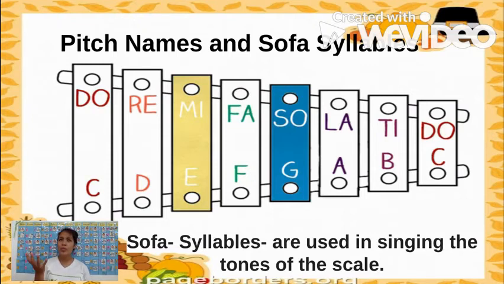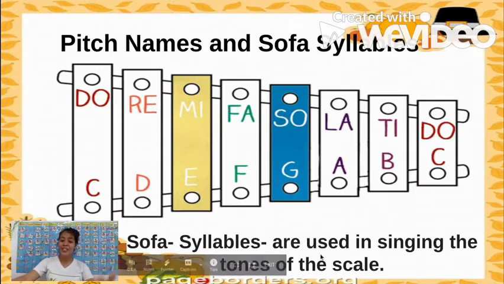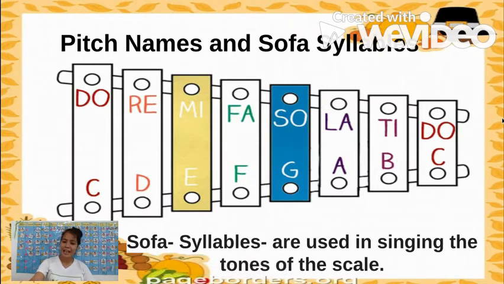When you sing do, re, mi, fa, sol, la, ti, do, there is sound, so we use it in composing a song. That is why they are used in singing the notes or tones of the scale. This is our guide.